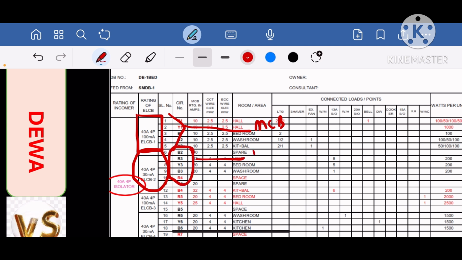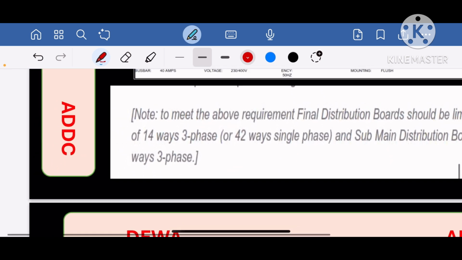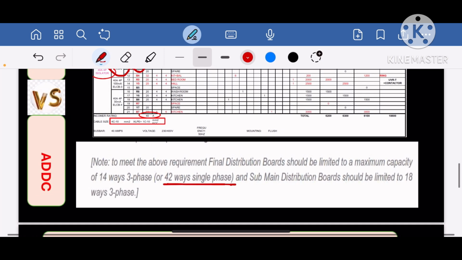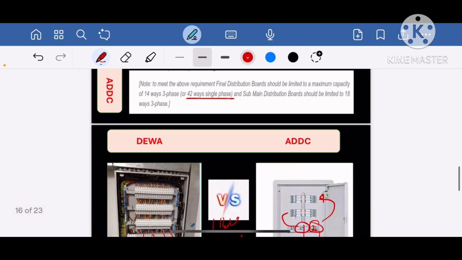Maximum it can control 6 MCBs. But in the ADDC regulation, one section can control 42-way single phase MCBs. So this is one of the major differences between DEWA and ADDC regulation.